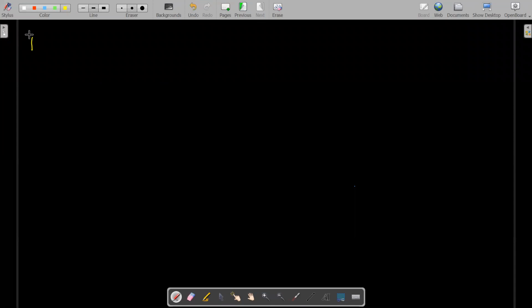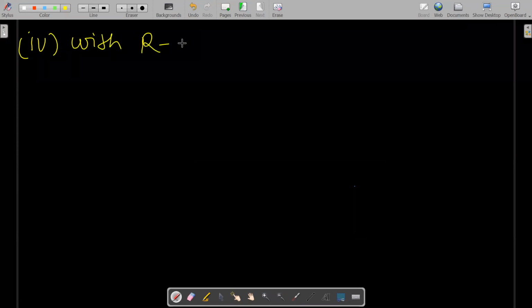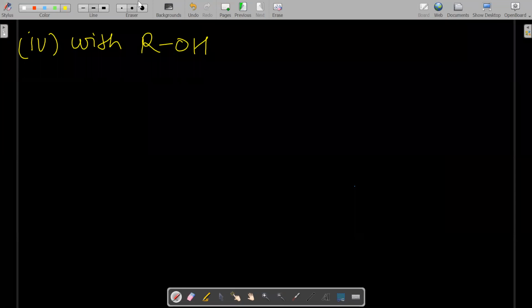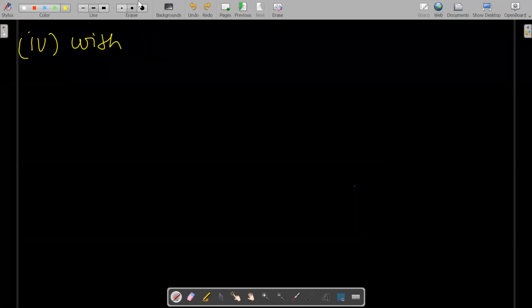Now the fourth example of nucleophilic addition reaction is with alcohol, ROH. I'm not writing ROH, I just write alcohol only, because we can take monohydric alcohol, dihydric alcohol, anything. So the next example is with alcohol.